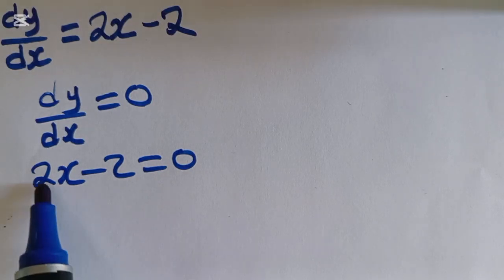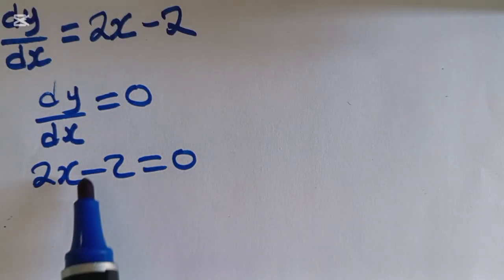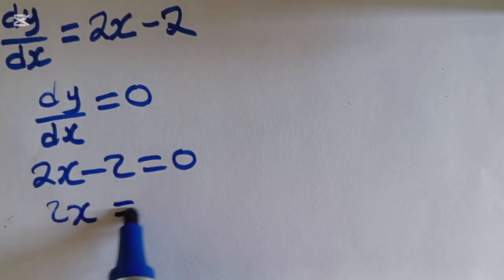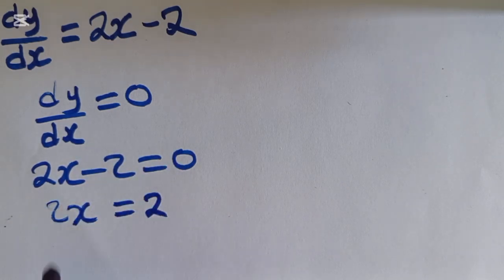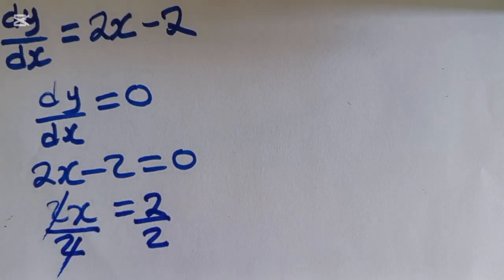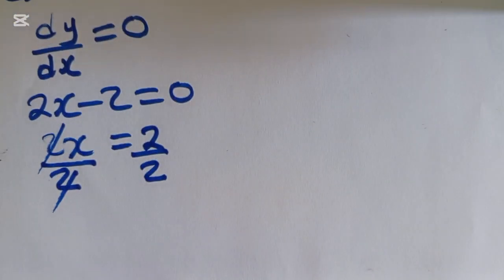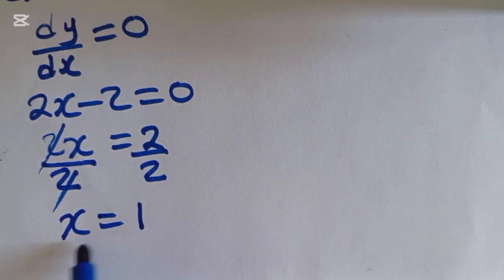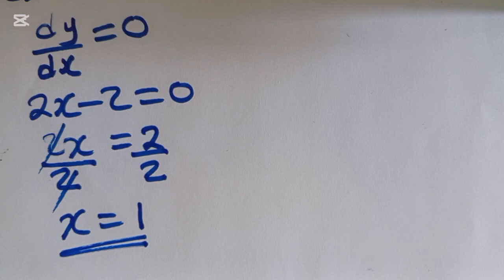This is negative 2, and when it goes to this side it will be positive 2. Then over 2, over 2, 2 into 2 is 1. So the value for the x coordinate is 1.